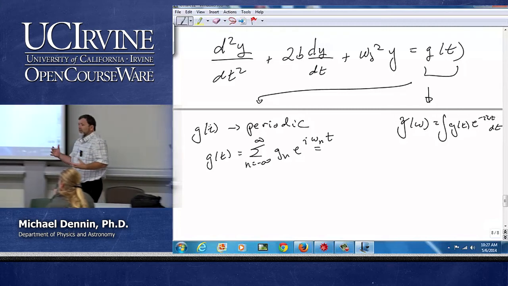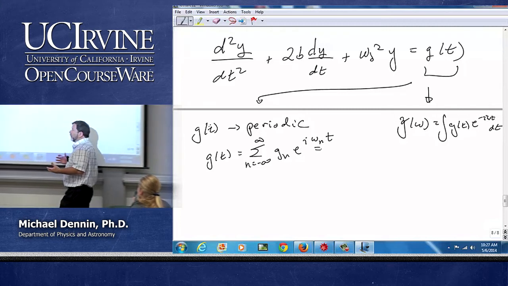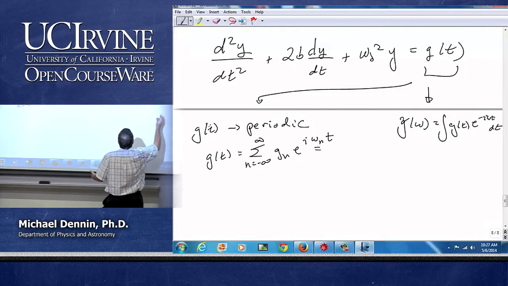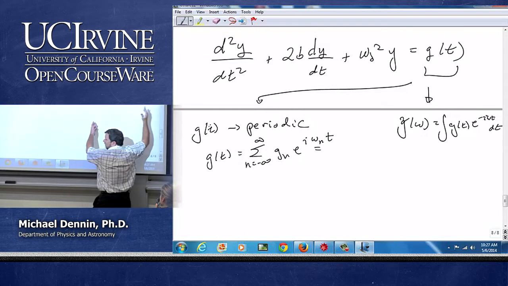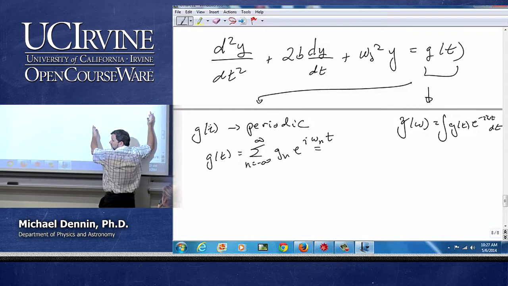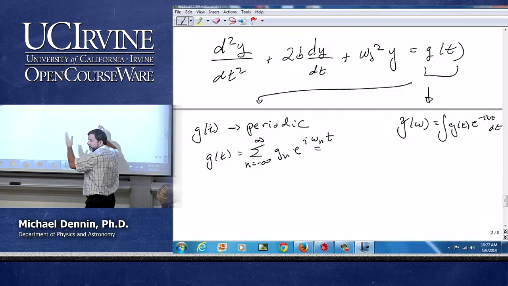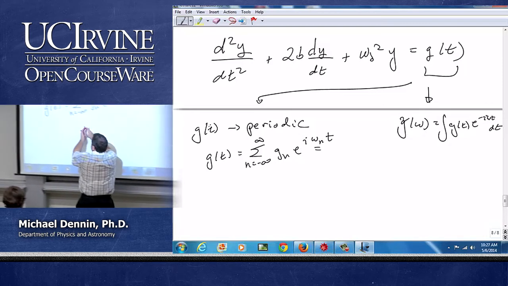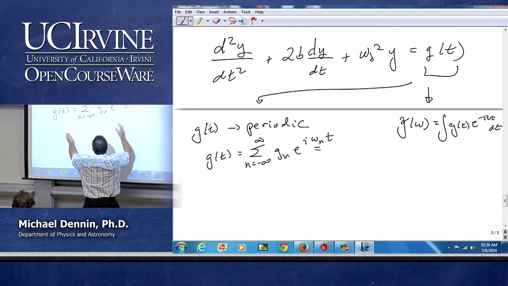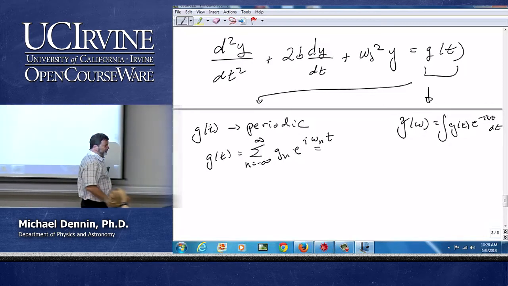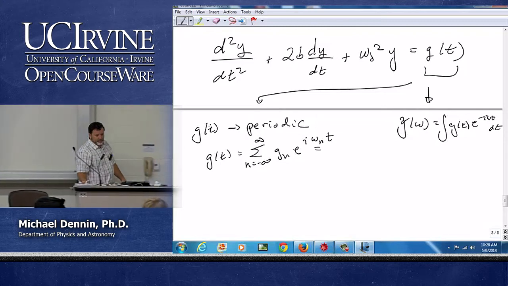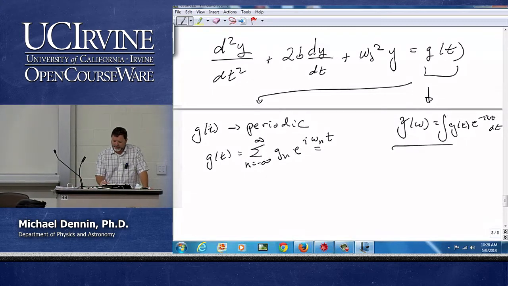So really, which technique, why we have both Fourier series and Fourier transforms, comes down to this. With the transform, I'm operating over the whole band from minus infinity to infinity, and the function doesn't even really have to be periodic. It can be any function. The series works best if I have a periodic function over some period that I'm going to work on. This one we just did.